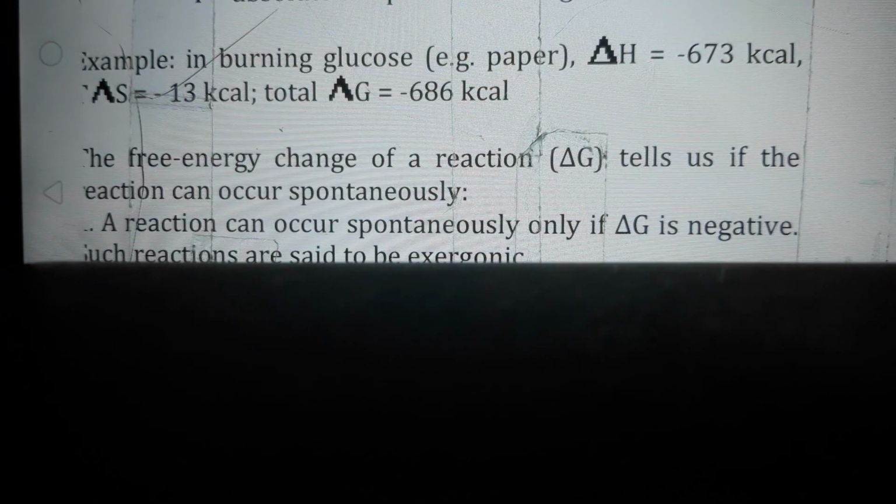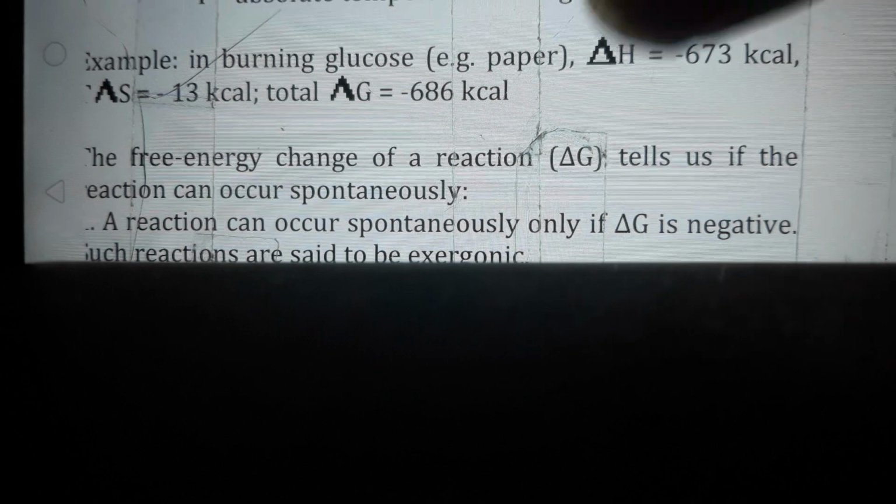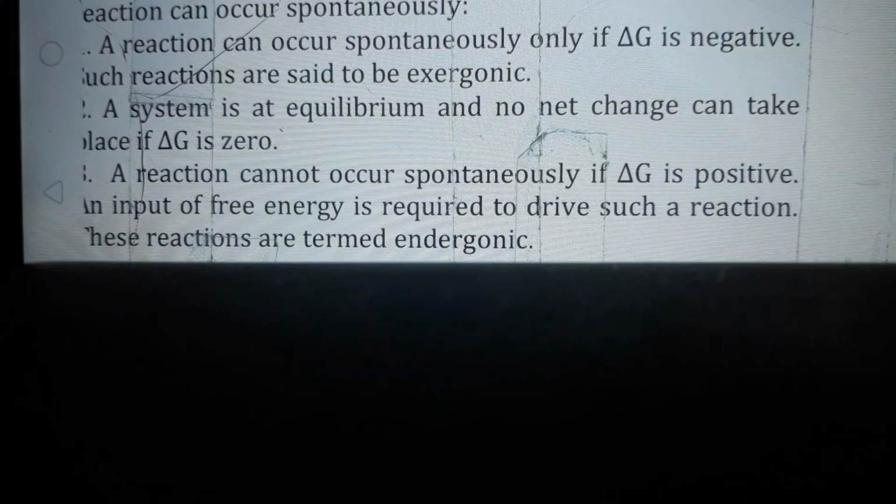Example, in burning glucose, delta H is minus 673 kilocalories, delta S is minus 13 kilocalories, and delta G is minus 686 kilocalories. The free energy of a reaction, delta G, tells us if the reaction can occur spontaneously. A reaction can occur spontaneously only if delta G is negative; such reactions are said to be exergonic.